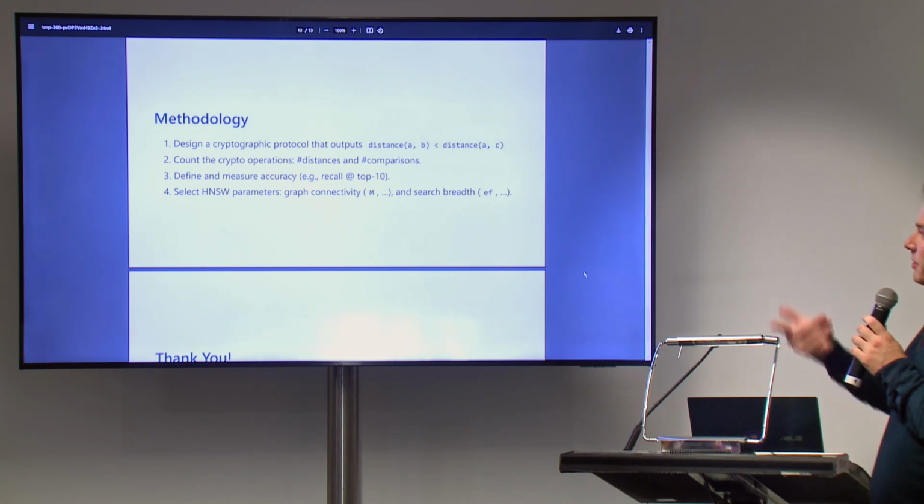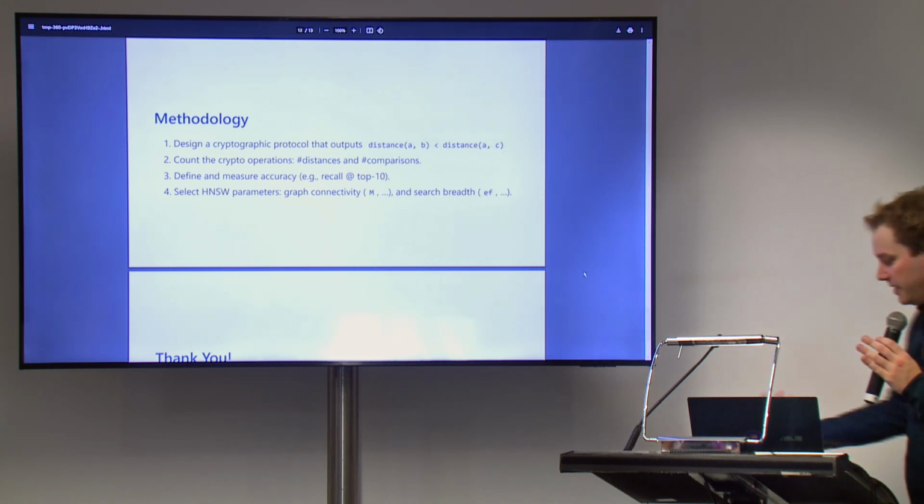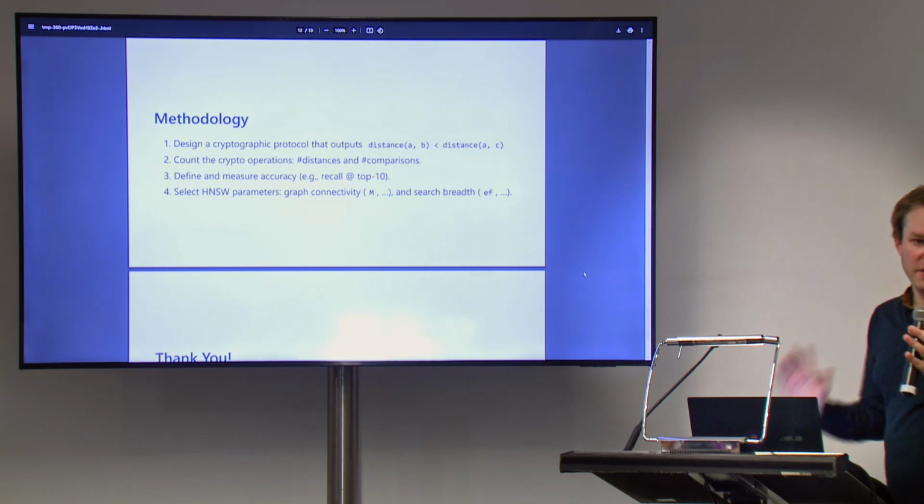And the other side of the coin is you want to measure the accuracy. So if you're only interested in the top 1 result or the top 10, or what is your metric? And then you're going to tune the parameters. There is a whole family of parameters that control the connectivity of the graph and how broad the search is. And of course, that's a performance-accuracy trade-off.